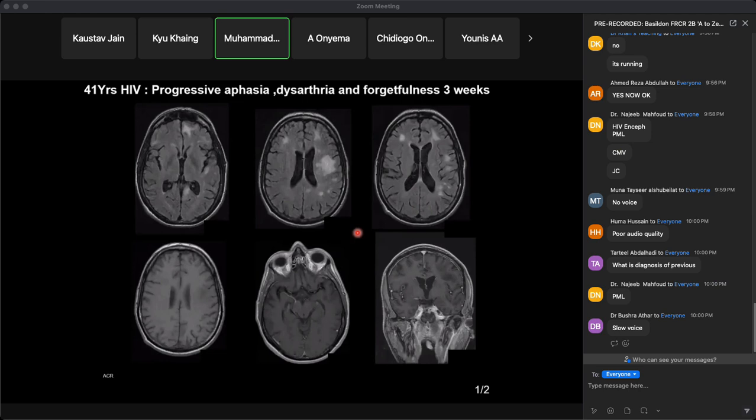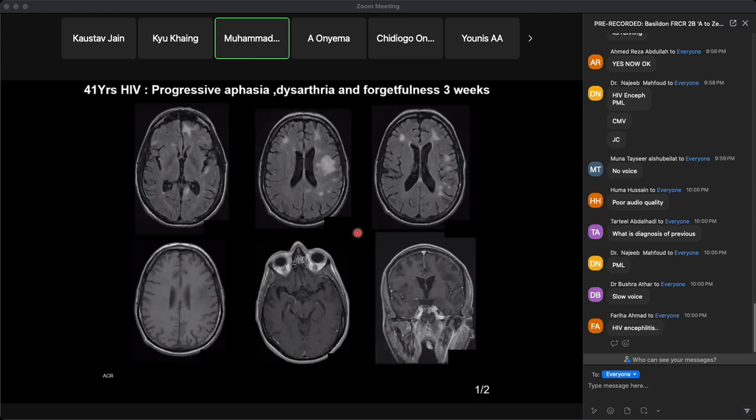Given the patient's history, I'm deciding between PML or HIV encephalopathy, because it's an asymmetric appearance and involves the subcortical white matter, so this will favor PML.